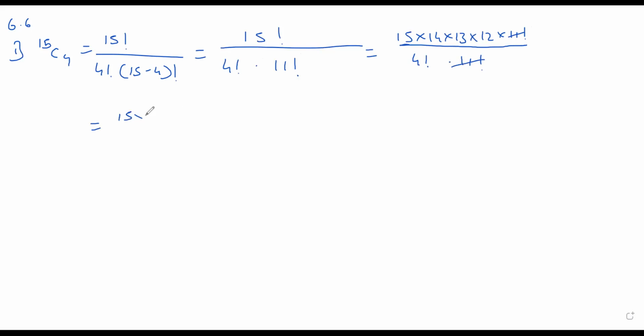So that is 15 into 14 into 13 into 12, whole thing upon 1 into 2 into 3 into 4. 3 4s are 12, this is 7. So we can multiply this 15 into 7 into 13.